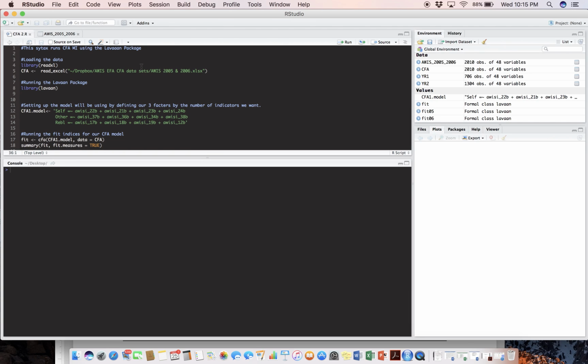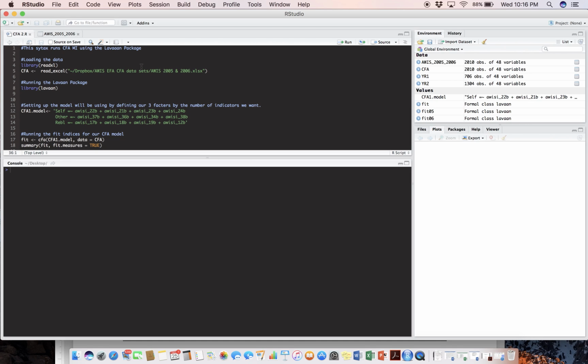And typically you would run an exploratory factor analysis when you're not sure of how many constructs you actually have in a data set. For confirmatory factor analysis, we already have an idea of which constructs we have in our data set, and we already have some idea of how the factor loadings will play out with respect to each of these constructs.